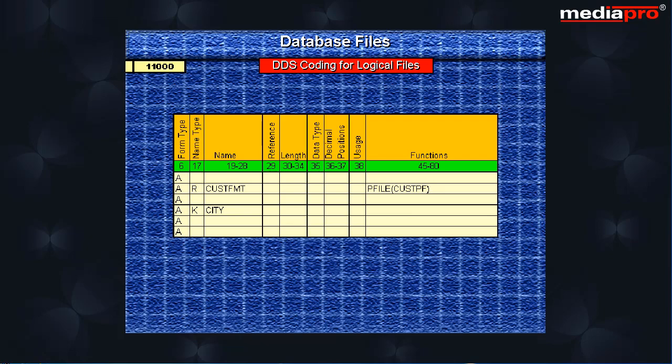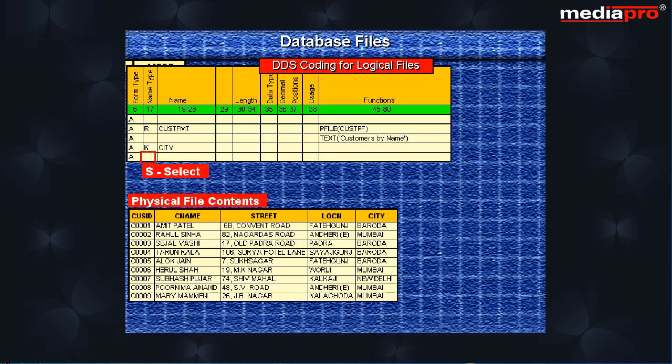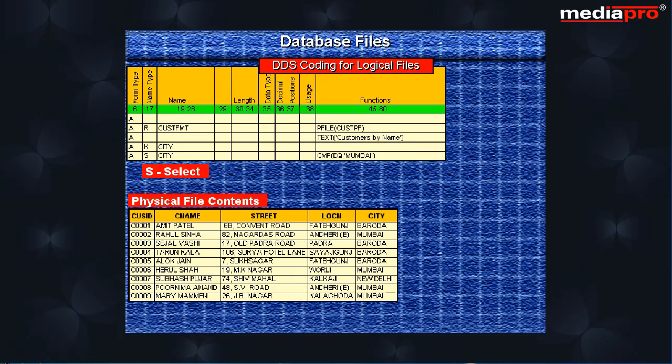Select omit entries are placed after the key field specification in a logical file. For example, to select only those records of customers who reside in Mumbai city, we code an S in column 17 for select. We code the field name city in columns 19 to 28, and in the function column we code the COMP keyword.